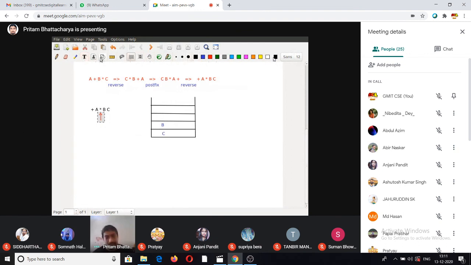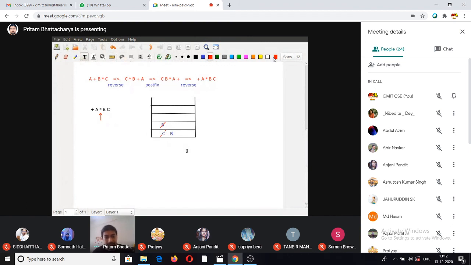Now, when you encounter an operator, you pop the top two operands from the stack. In this case, I pop B and C, and I push in the product of B and C. That is, you apply the operator on these two operands and push in the result.